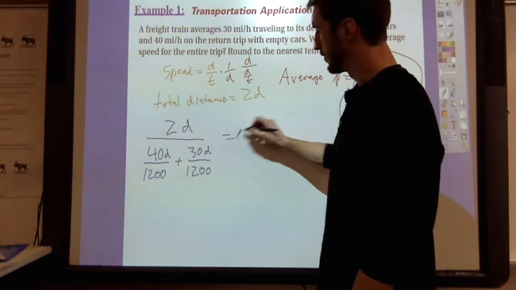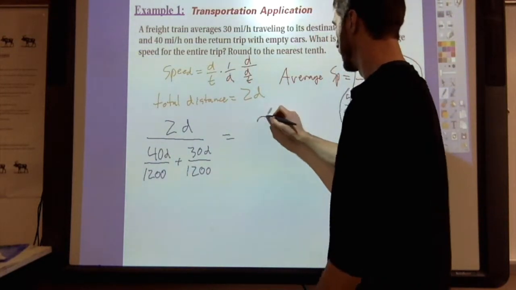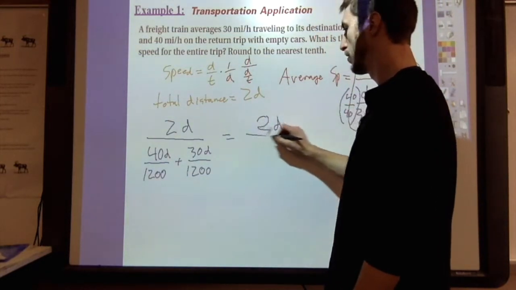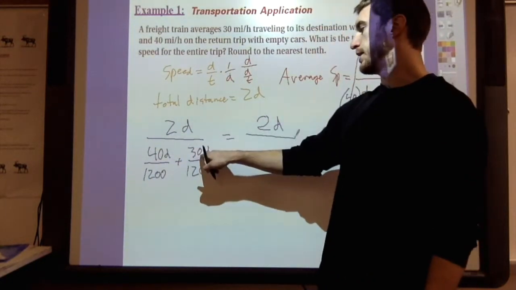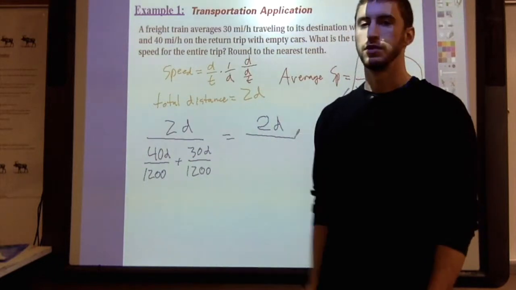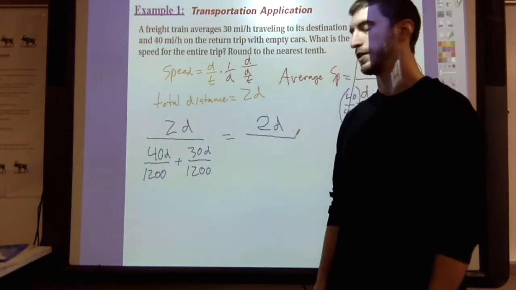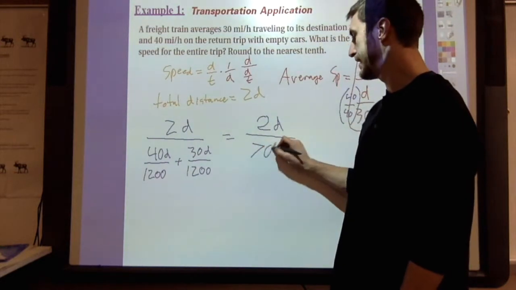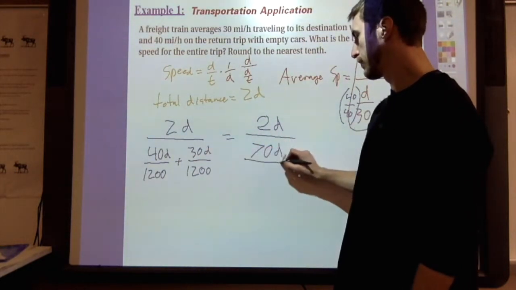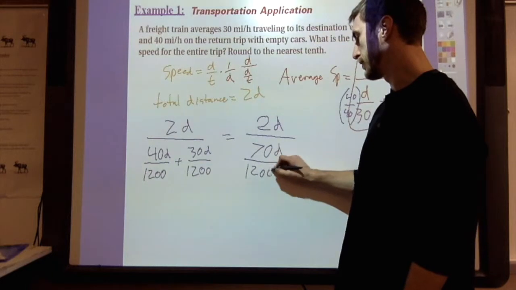So what I'm going to do is rewrite this as 2d over 40d plus 30d all over 1200. So 40 plus 30 is what? 70. 70d over 1200.